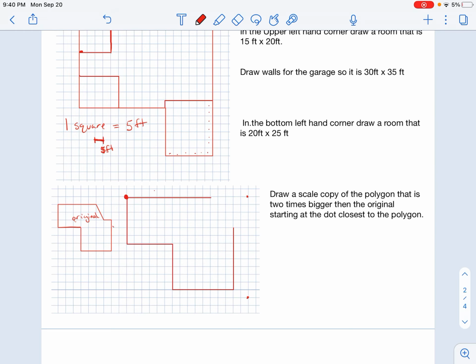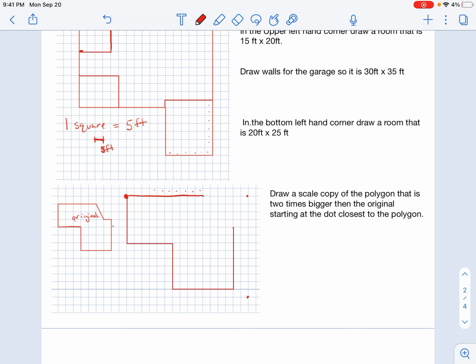Let's see if that's 1, 2, 3, 4, 5, 6, 7. Oh, went too long, one too many. Okay, and then this comes in 1, so 1 times 2 is 2, then we can just connect. Okay, and so there we've doubled the original by 2.